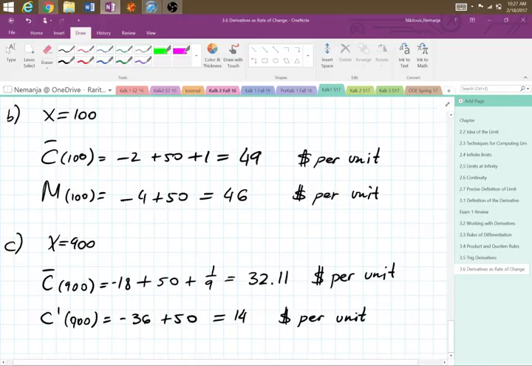Awesome. So what do we learn from this particular calculation? We look at the production here. We see that if we make 100 units, the average cost for producing these 100 units is $49 per piece.